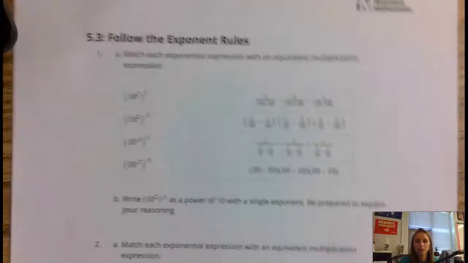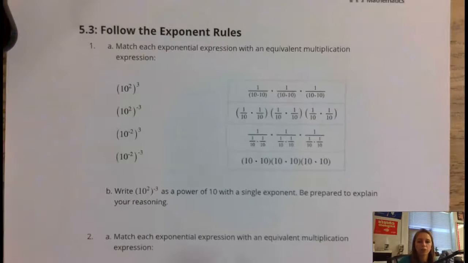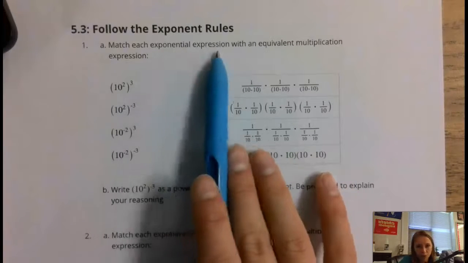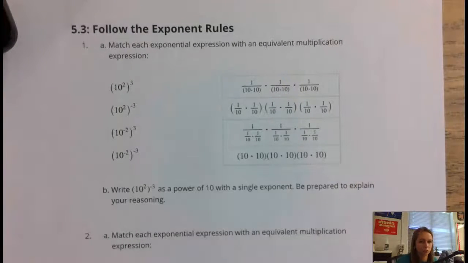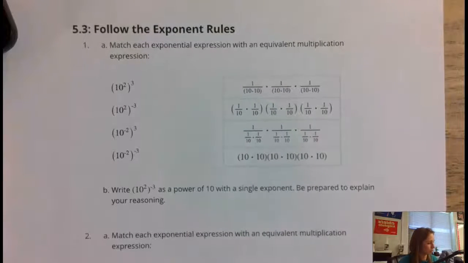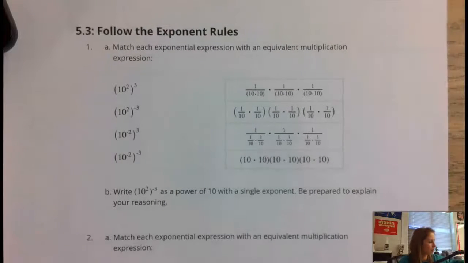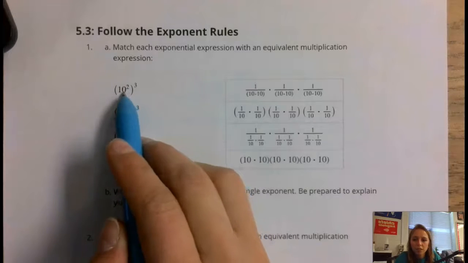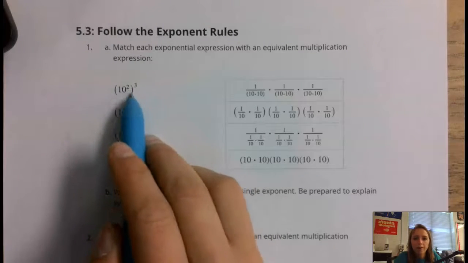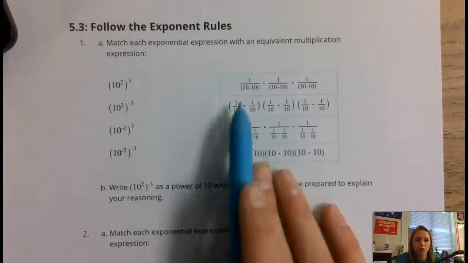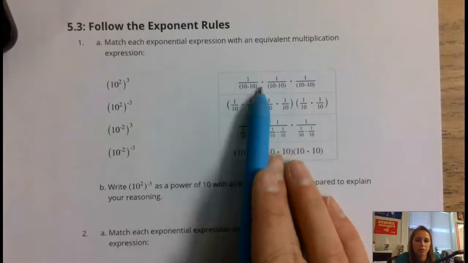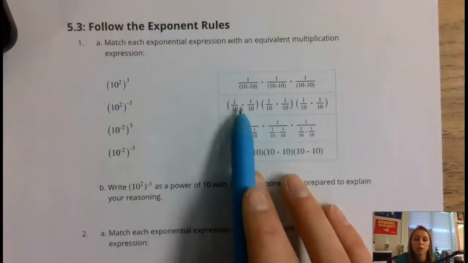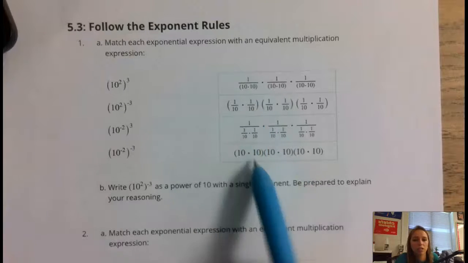Now let's look here at number 3. We're just going to match up these patterns. Match each exponential expression with an equivalent multiplication expression. So let's go ahead and do that. Right here, this is saying we have 10 times itself twice, and we'll have 3 groups of that. So that's not really showing us exactly what we want. This is 1/10 times itself twice. We just want 10.